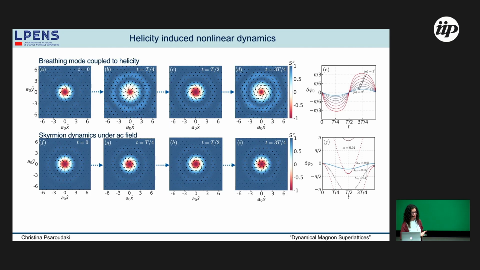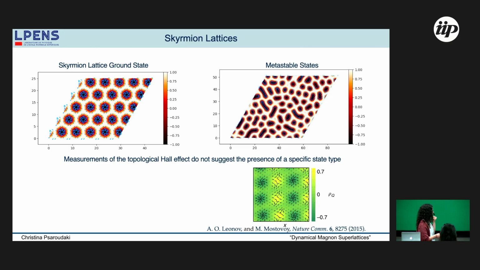That's also not what we're doing here. But there is some extensive work on this. So the skyrmion really fluctuates over time in the presence of AC fields. And now I'm moving on to what's going on in skyrmion lattices.